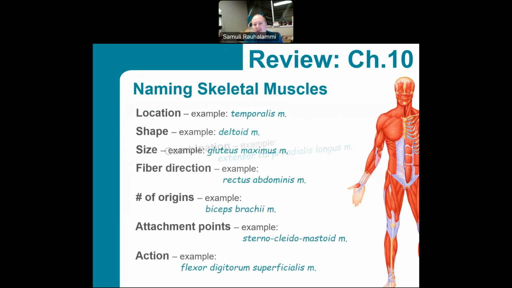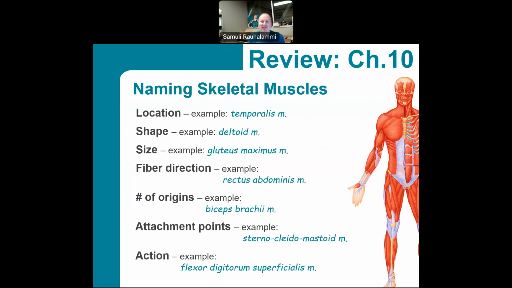The fiber direction as well: we can see, for example, rectus abdominis tells us which way the muscle fibers are running. We can look at the number of origins for the muscle. Biceps brachii would be a good example of that, bi meaning two. We can look at the attachment points of the muscle.